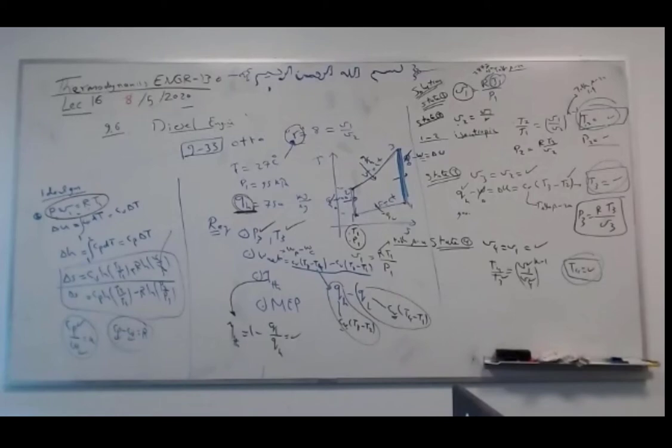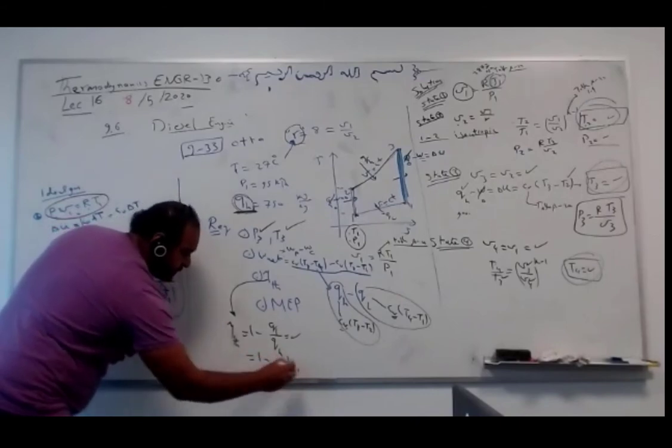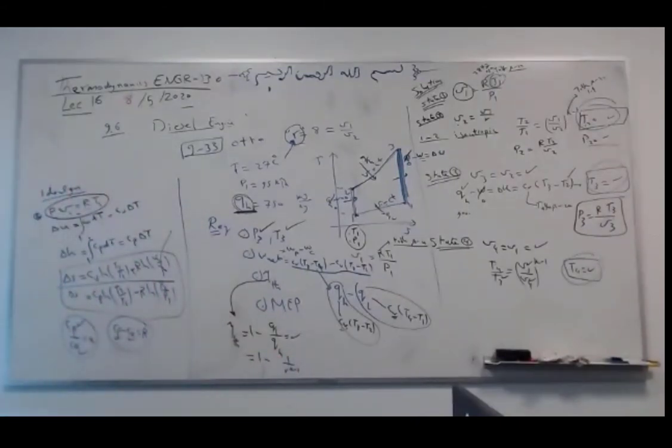Guys, can somebody tell me? 1 minus 1 over R to the K minus 1. Yes. So this is a very good check for yourself that Q low is correct, which means the work is correct. So if you use just R, that's perfect, correct.